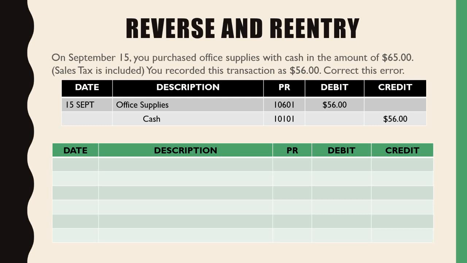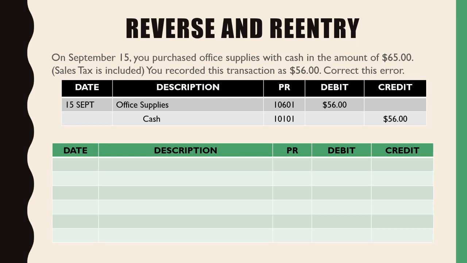And then, of course, you recorded your transaction as 56. Again, so now let's go ahead and correct this error. So in your books, you recorded it exactly like this. You said that you bought office supplies with cash for $56. But then maybe a couple days later, you realize, oh, wait, that's not right, because I looked in my pocket.